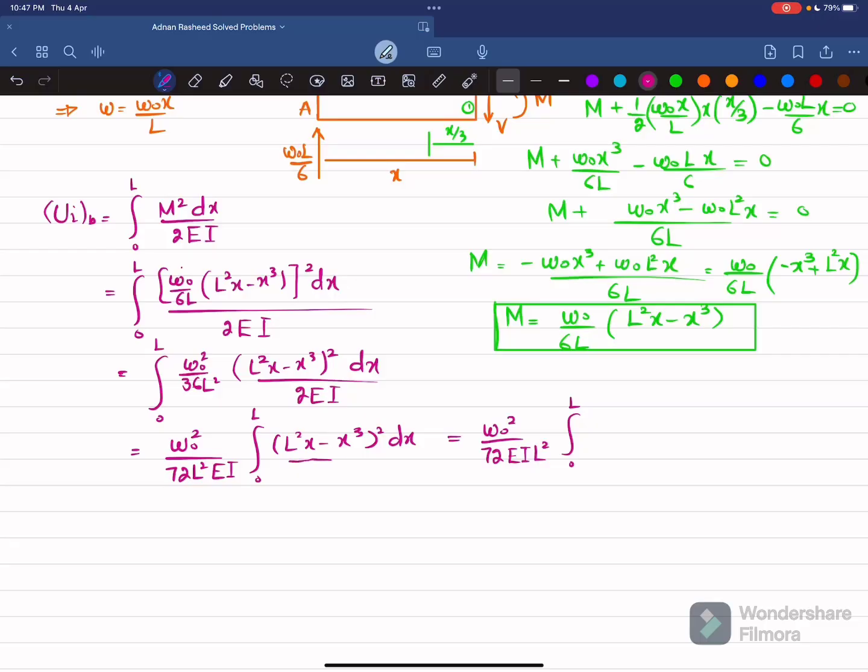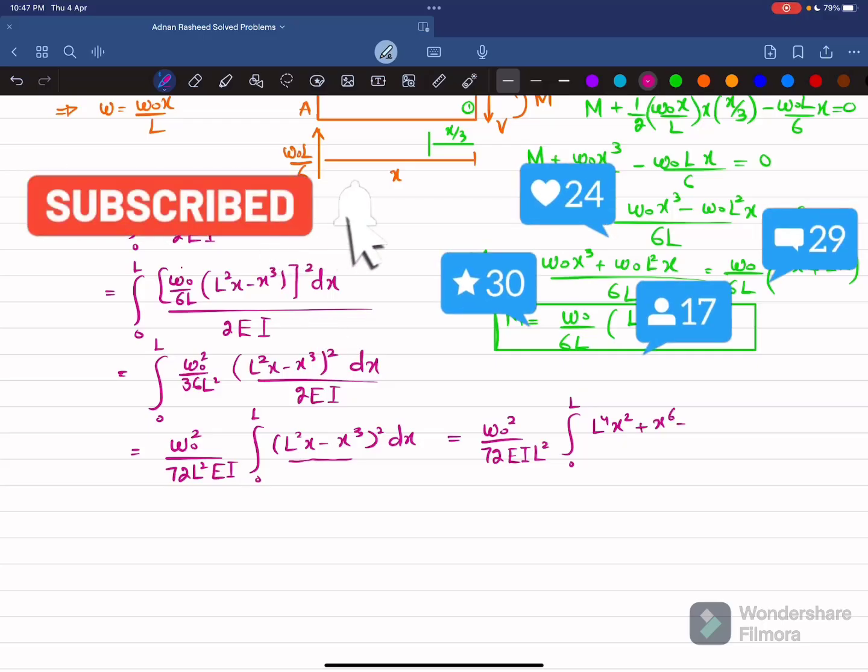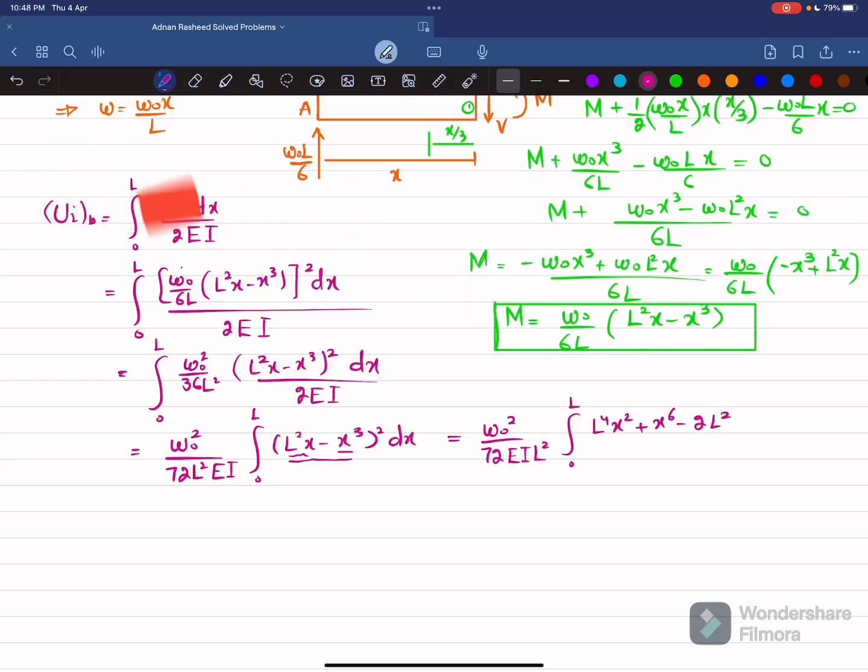Integral of 0 to L. Now the square of this will be equal to L4 x square plus x power 6 minus 2 times this term into this term, so that will give you 2L square x power 4, into dx. Further simplify: W naught square over 72 EI into L square into integral of this term.